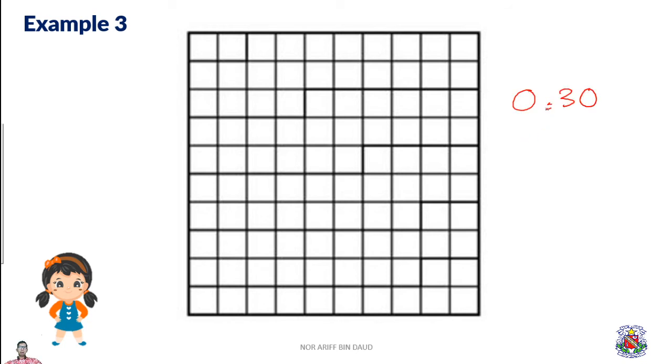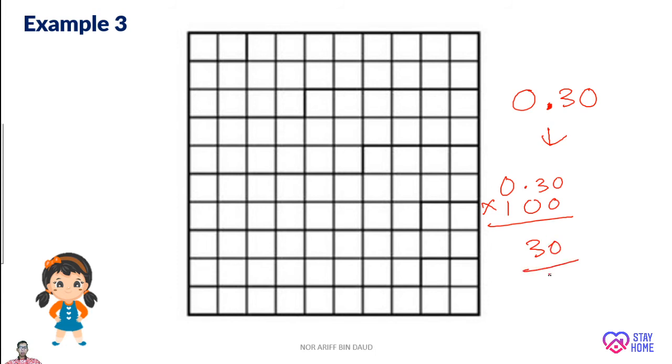0.30. Okay, 0.30, you try to convert into a fraction. If you convert to a fraction, you must times by what? Times by 100. So 0.30 times by 100, the answer will be 30 over 100.